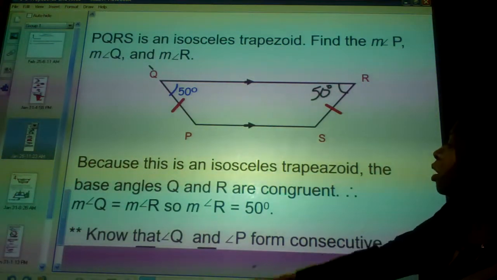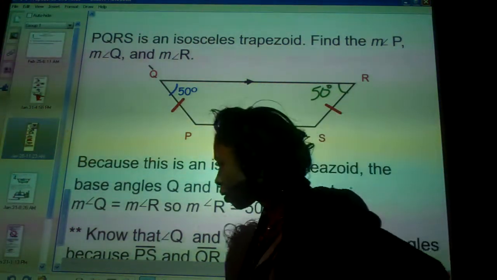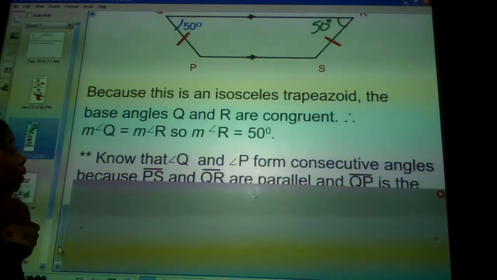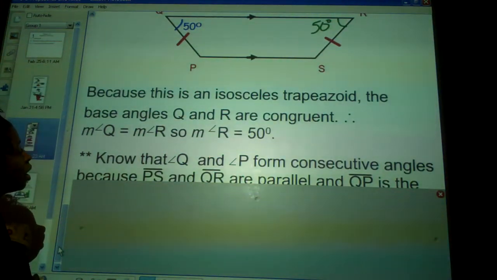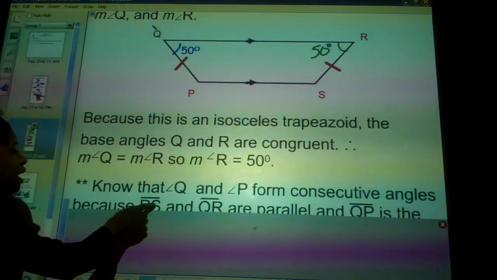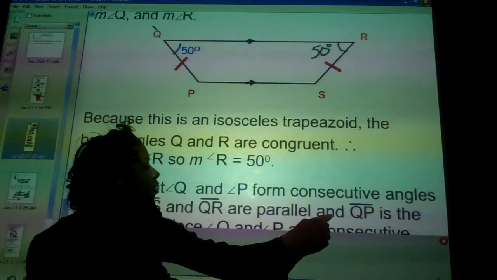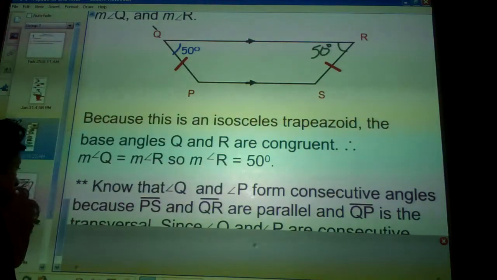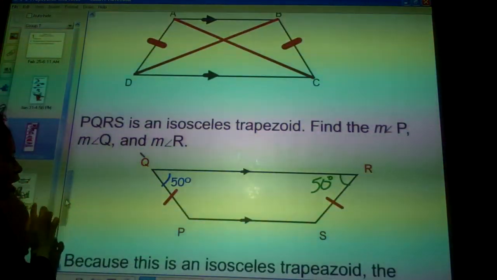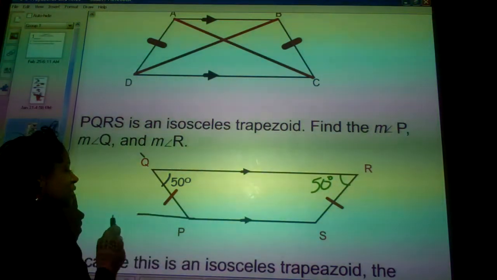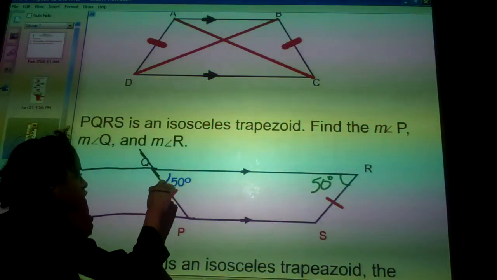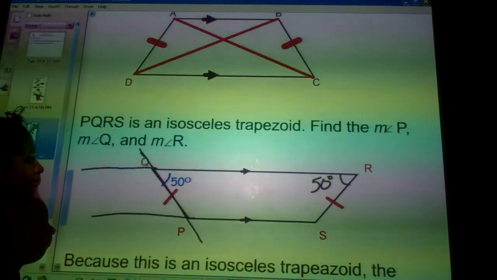And we know from what we learned about quadrilaterals in the beginning, on trapezoids, angle Q and angle P form consecutive angles because PS and QR are parallel and QP is cut by the transversal. So here we go. These were two parallel lines and I extended this out like this. You see it's being cut by a transversal here.